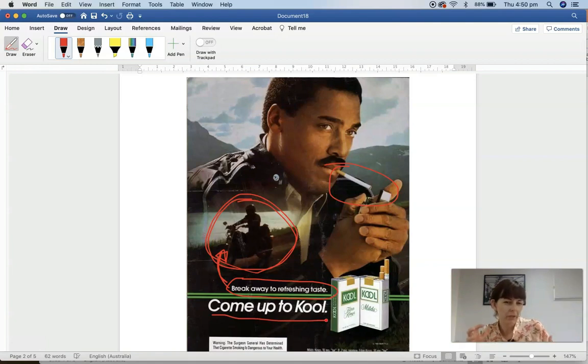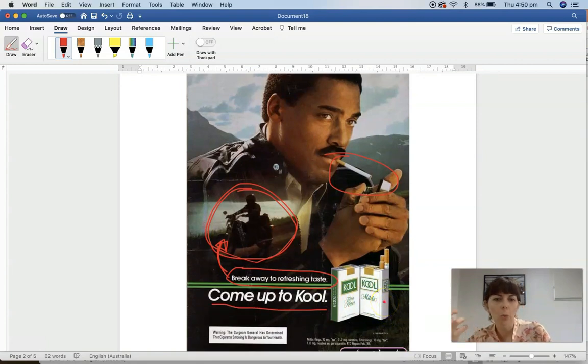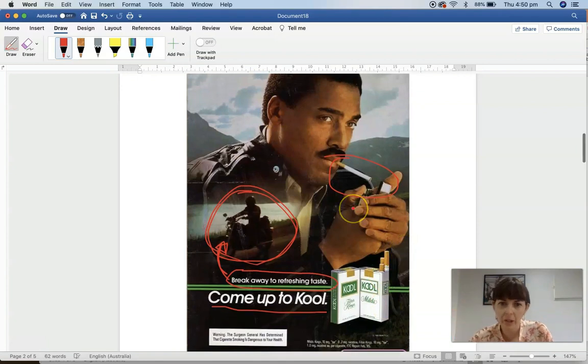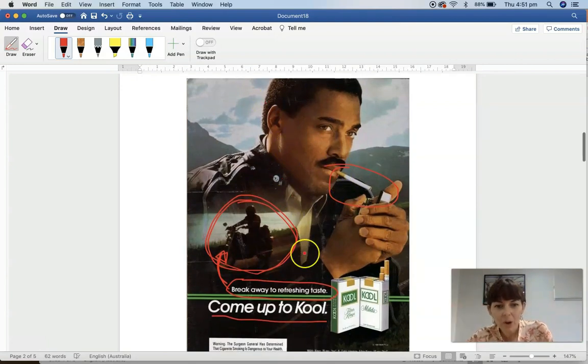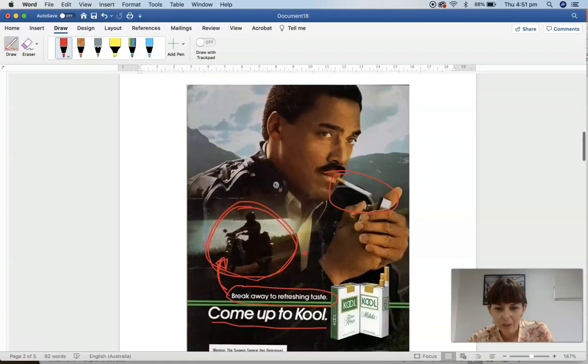There's an element of sophistication here, I guess. Even the word cool. This gentleman, he looks pretty cool, to be honest with you. He's hunched over, he's got that cigarette, he's a man out on a solo man's journey. So I've already got quite a bit of evidence to go with here.